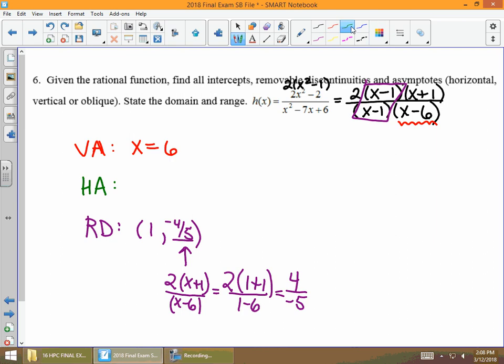Horizontal asymptote: since we have the same degree, we're going to take the ratio of our leading coefficients. So this would be 2 over 1. So our horizontal asymptote is y equals 2.